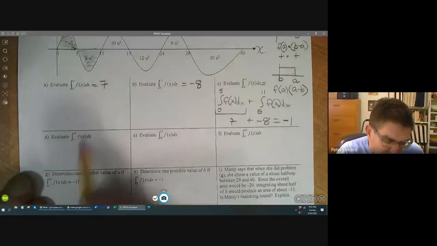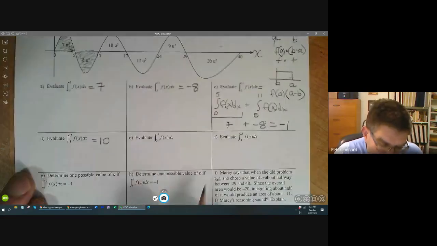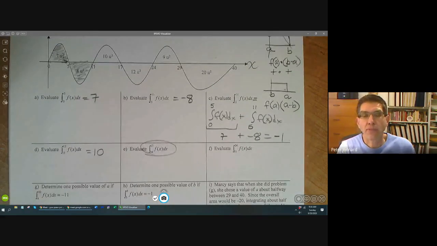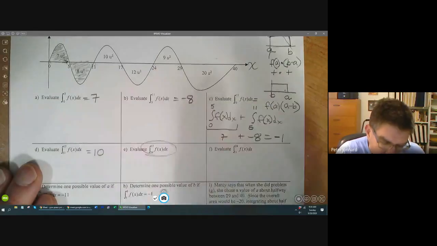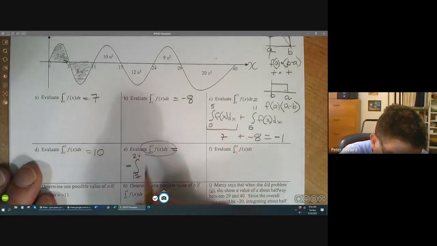All right, in this case, I'm integrating from 11 to 17, so this would simply be 10 square units. Now, this time I'm going backwards, okay? I'm going from 24 to 17, okay? And so this is the opposite of the integral from 17 to 24 of f of x dx, okay?